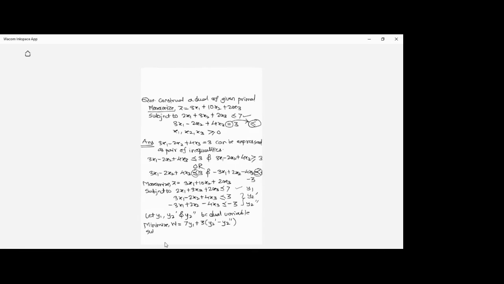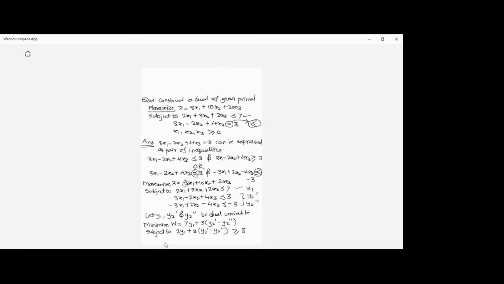Similarly, subject to: 2y1 plus 3y2 dash minus 3y2 double dash, and since it is a minimization, greater than or equal to 3, right?